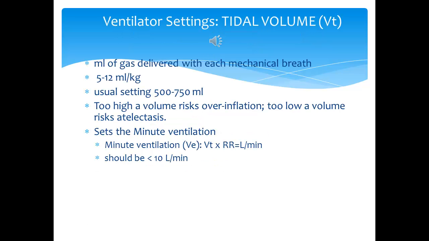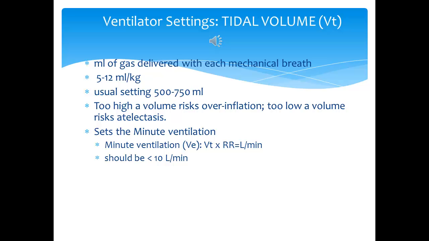Other ventilator settings include the tidal volume. The tidal volume is simply the mLs of gas delivered with each mechanical breath, and it is figured out by calculation of 5 to 12 mLs per kilogram. The usual setting is 500 to 750 mLs, although we're seeing lower tidal volumes now because the research has shown us higher tidal volumes cause barotrauma to a patient's lungs.